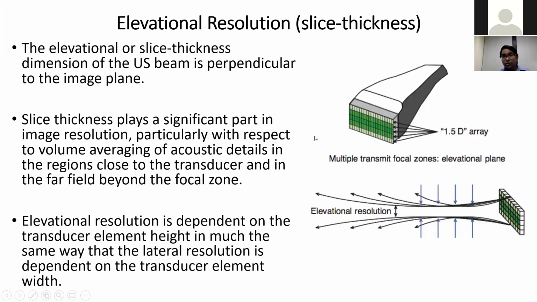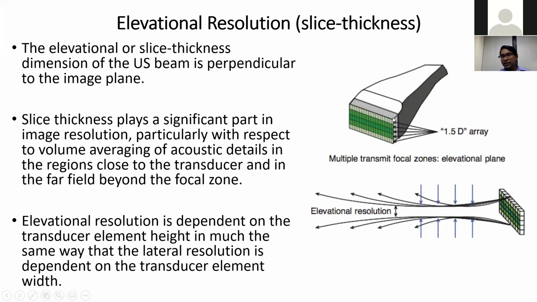There's another resolution that we are interested in, which is the elevational resolution. There is another type of array called a 1.5D array. Up till now, we were studying only arrays which had one linear array, with no subsequent rows in the elevational direction.